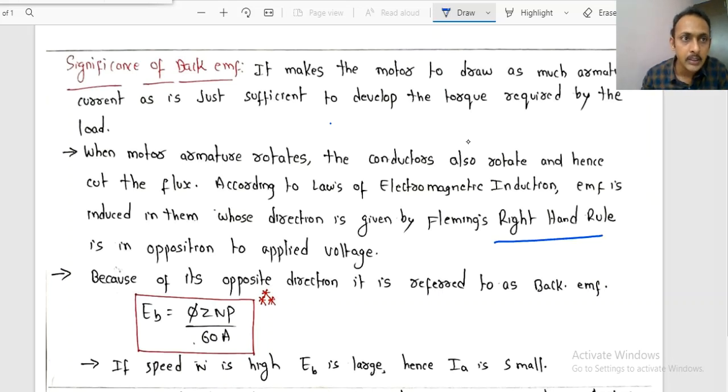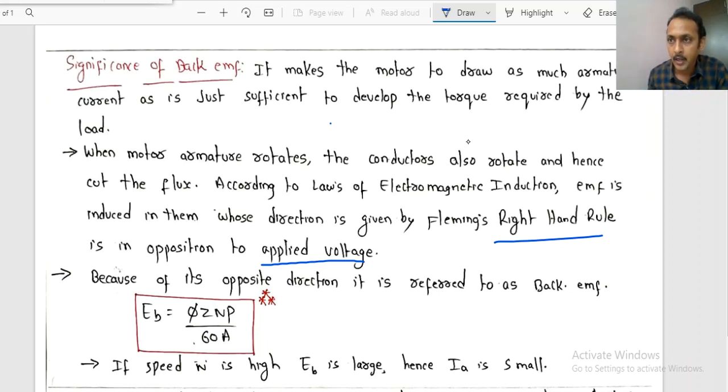One more thing is that this induced EMF is going to oppose the applied voltage. Whatever voltage you have applied across the terminals is being opposed by this induced EMF. Because of its opposite direction, this induced EMF is referred to as back EMF.